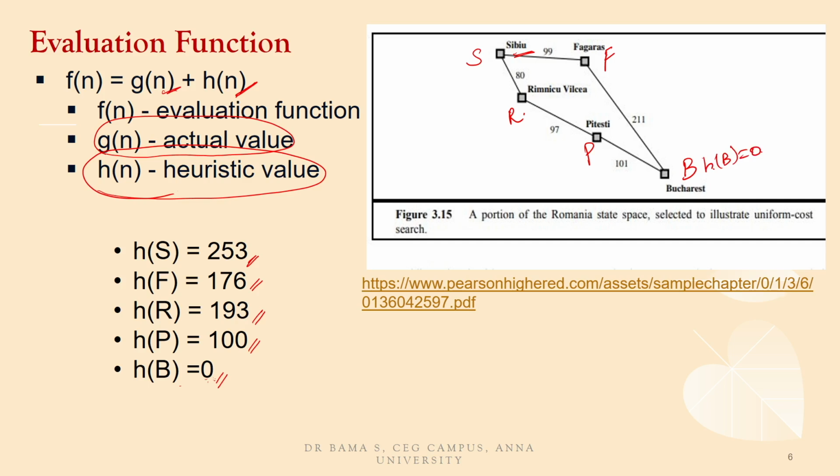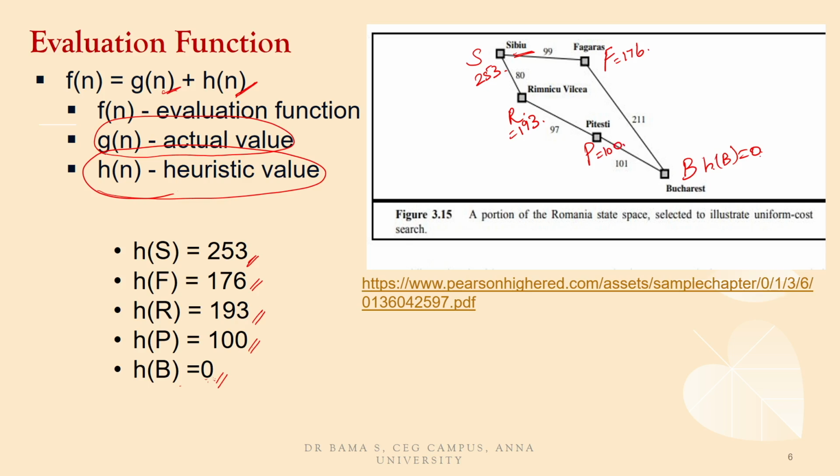So, if I map it, at S it is 253, at F it is 176, at R it is 193, at P it is 100 and at B it is 0.